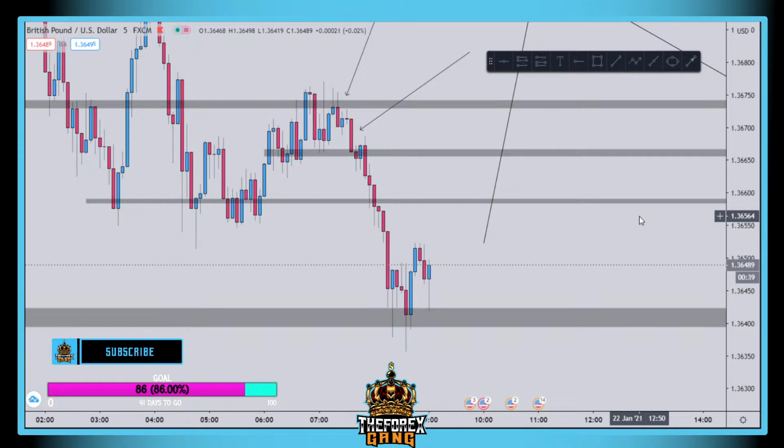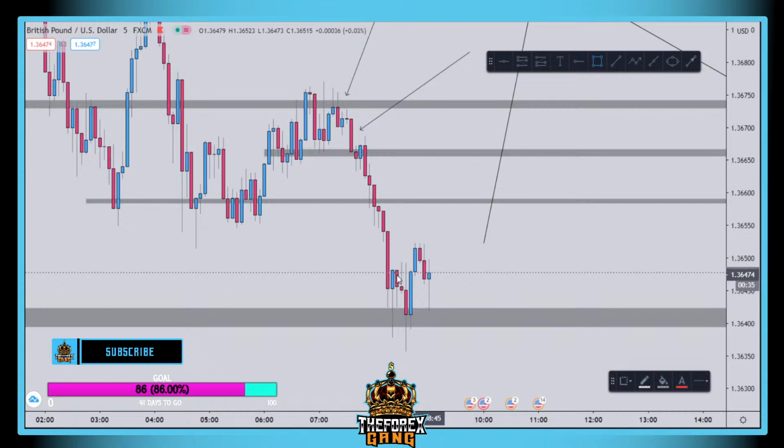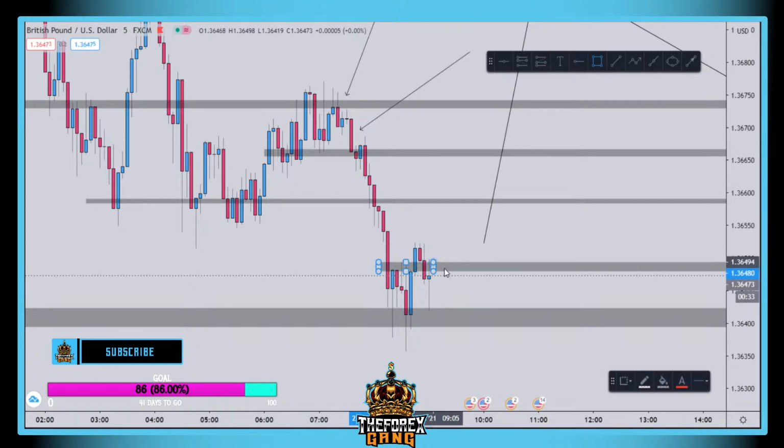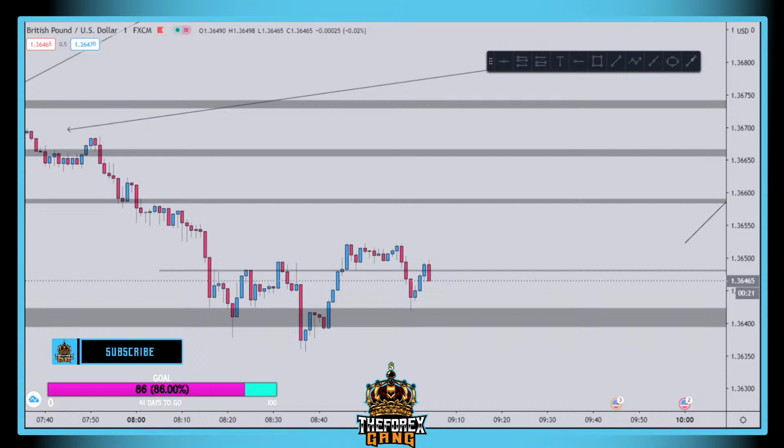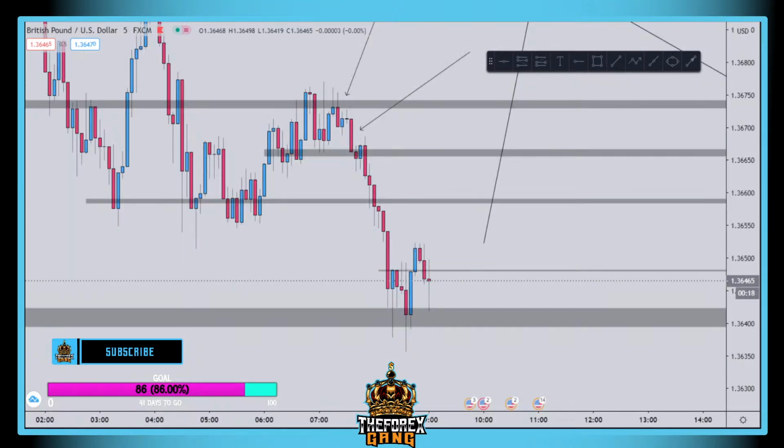Oh man. Then later on, he got disciplined when he was doing the demo. He was just taking the trades on the breakouts, buy stops and sell stops. Super dangerous.